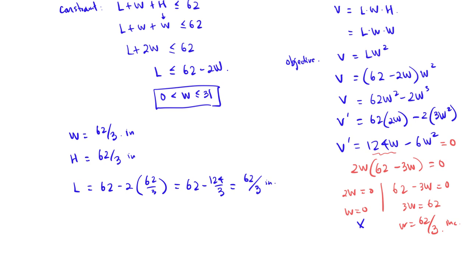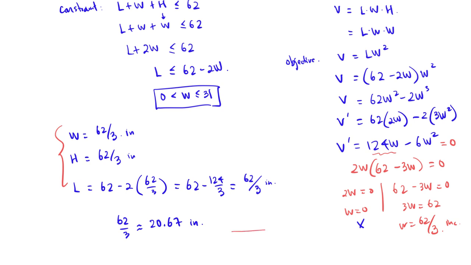And so this is a square box. 62 over 3 is approximately 20.67.